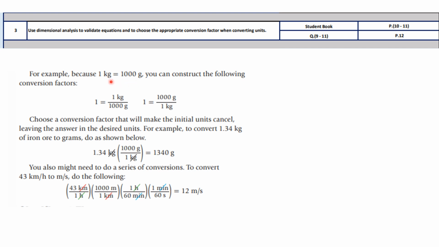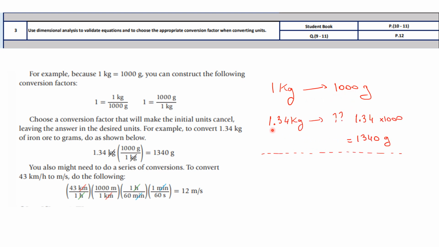Here they are asking to convert 1.34 kilogram. What to do? We have to multiply by 1000 to convert from kilogram to gram. So 1.34 kilogram equals 1340 grams.